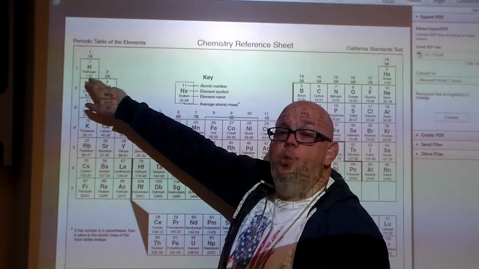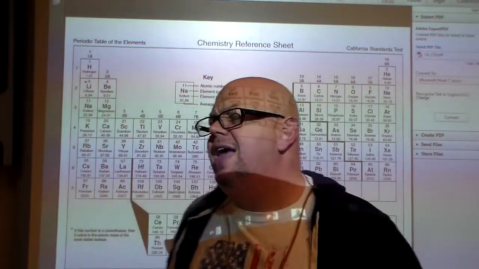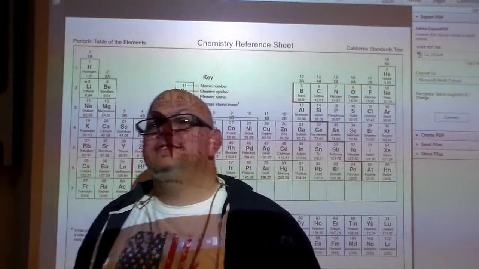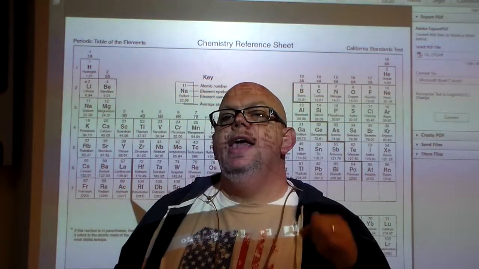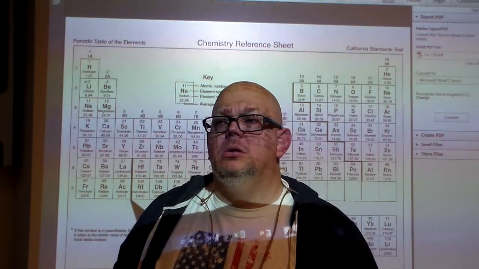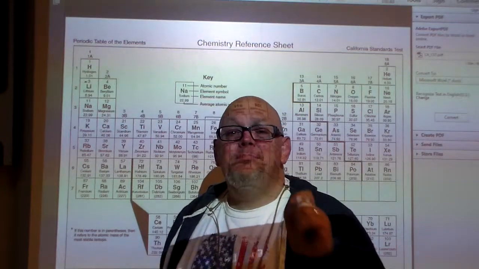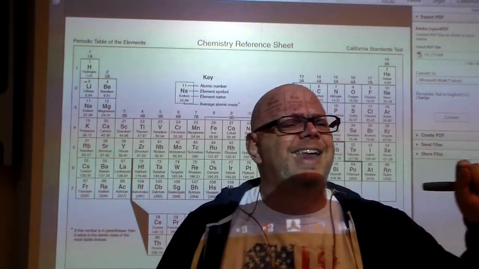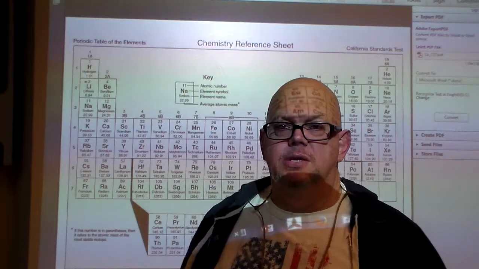So, here we go. Our last thing is that 1.01. There are 2 things involved with that 1.01. One, it tells us how much 1 atom of hydrogen weighs in atomic mass units. 99.999% of the public will never use it.